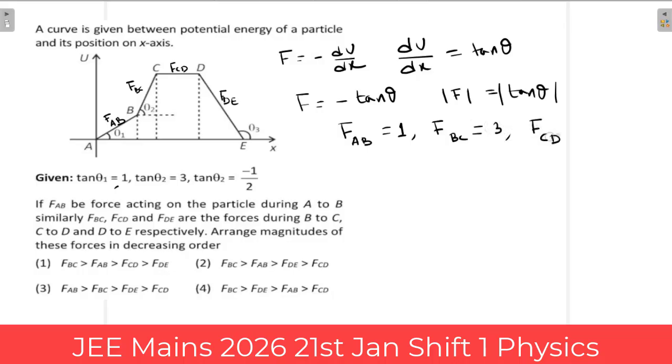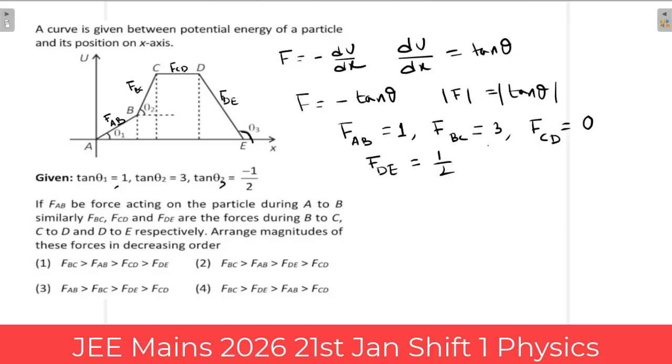F_CD: here potential energy does not change with x, so dU/dx is 0 or tan theta is 0, so F_CD is 0. And F_DE is equal to mod tan theta 3. Now tan theta 3 is minus half, so that is half.